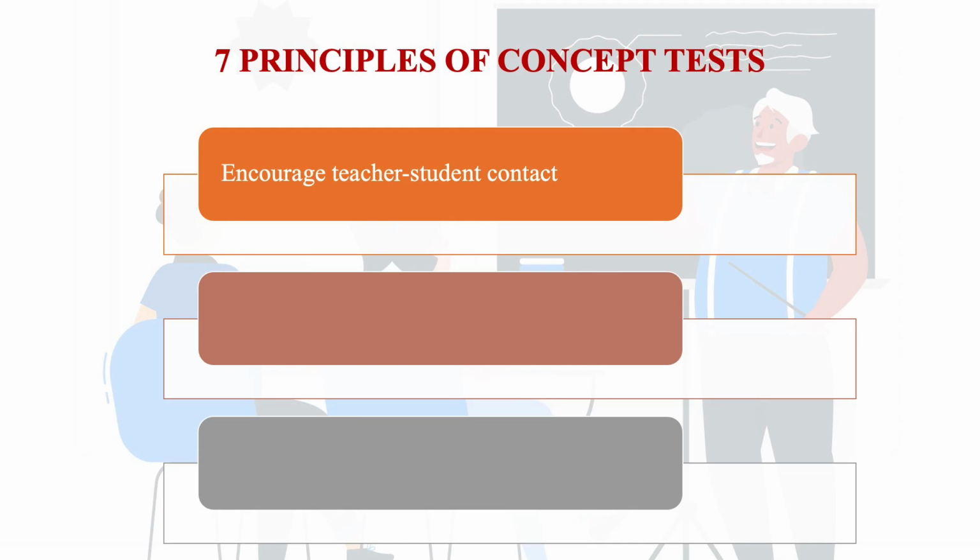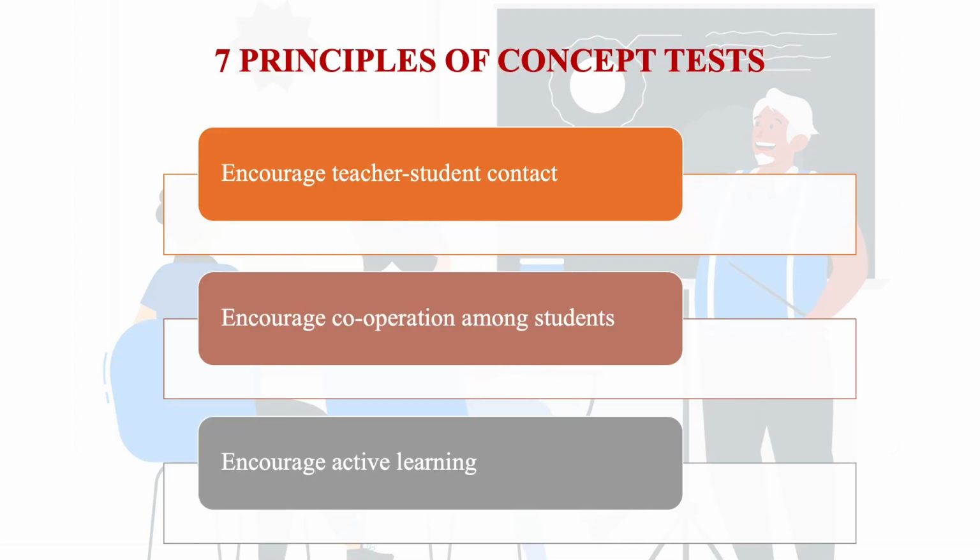When we select concept test, we have to think about the 7 principles of concept test. The first principle is to encourage teacher-student contact. Always there should be a rapport between the teacher and student. Secondly, encourage cooperation among students.